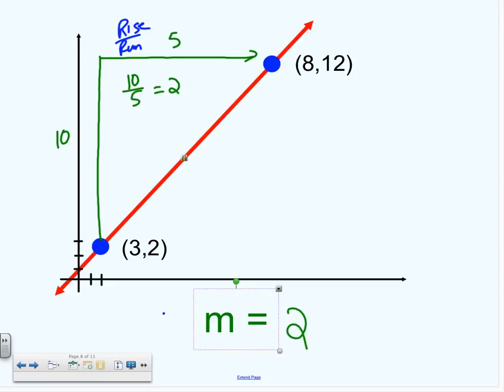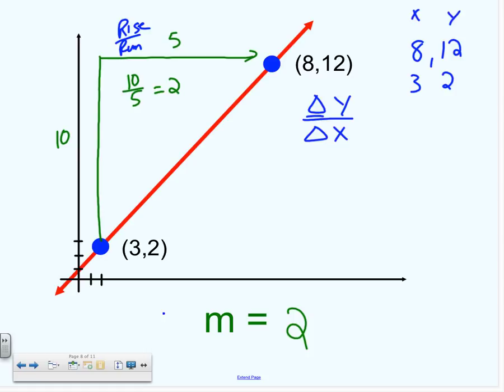Okay, now the next thing we're going to do is show you one other way to find the slope, if you don't have the convenience of a graph. We call it the change in y over change in x. Remember, this delta sign represents the word change. To do that, we're simply going to take these 2 points and put them in a little table. So I've got (8, 12) and (3, 2). We know the x comes first and then the y.